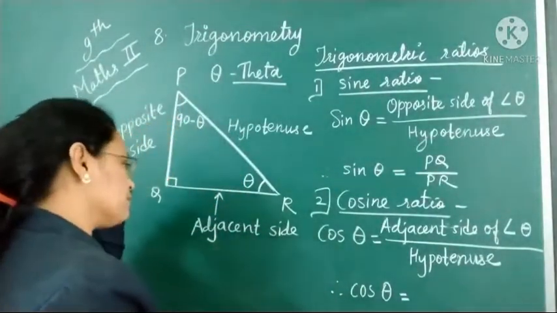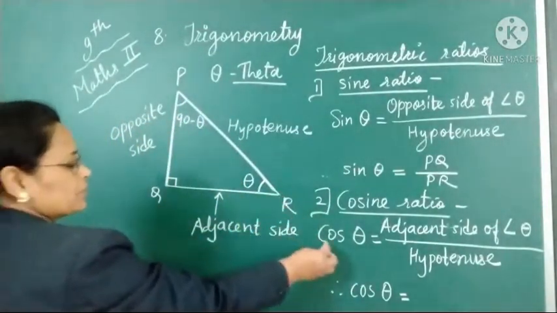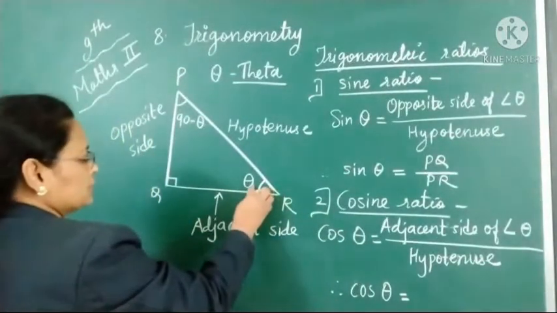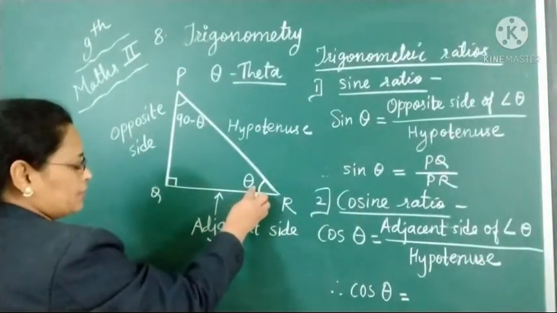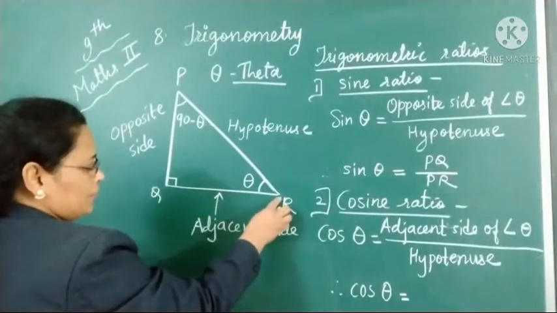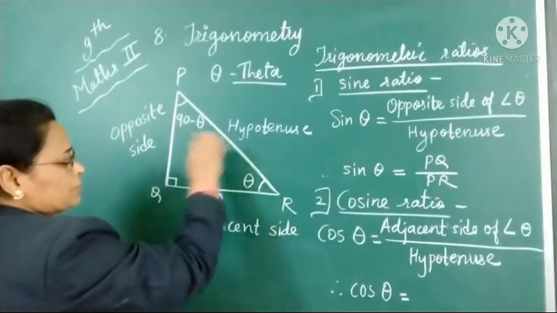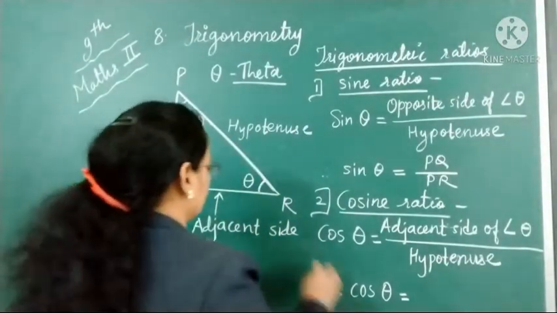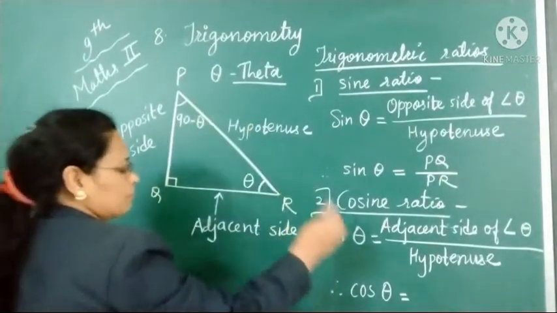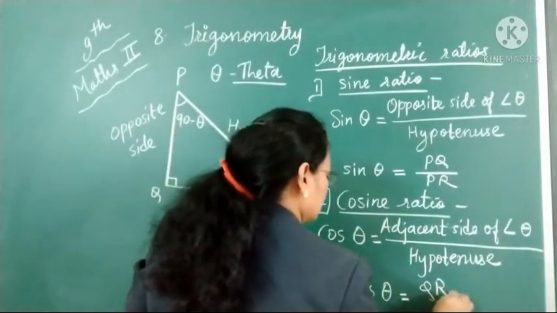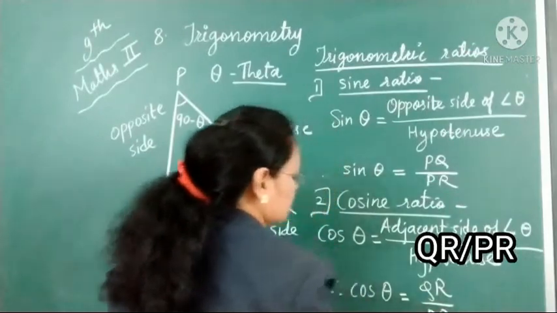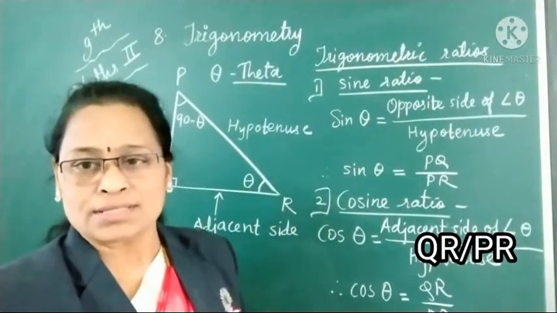So in this triangle, if you want to write the cos theta ratio, then the adjacent side of this angle theta is side QR. Its ratio to the hypotenuse is cos theta. So QR is to PR is the ratio that is cos theta.